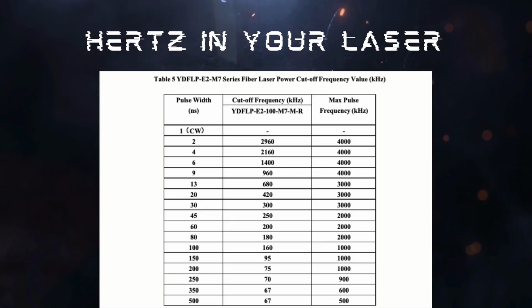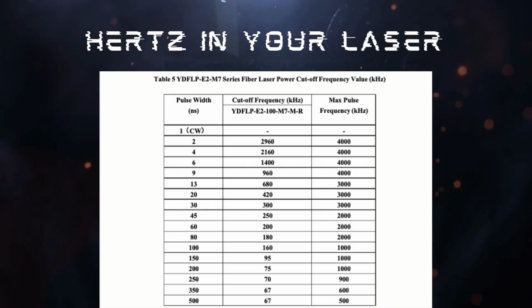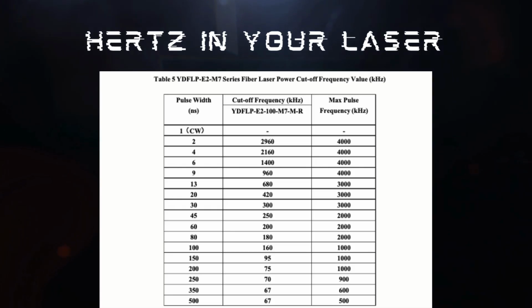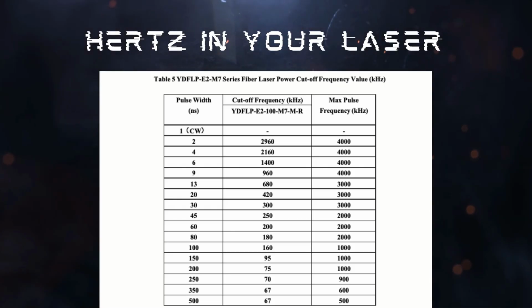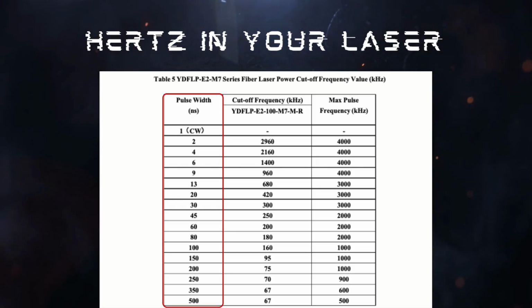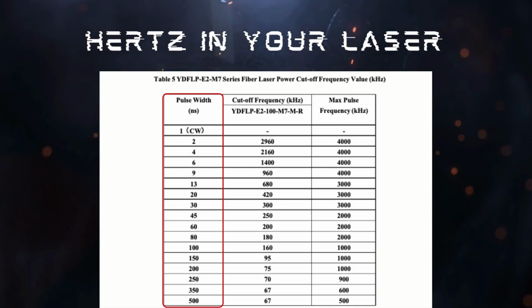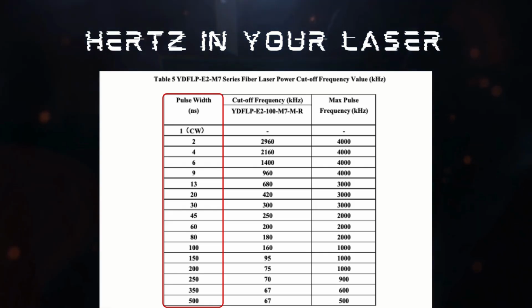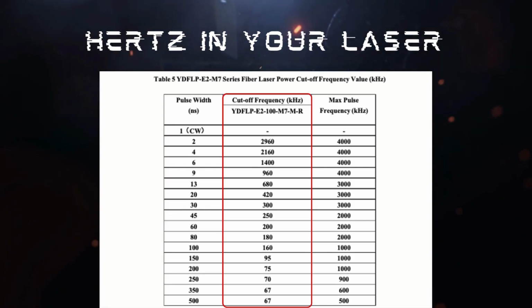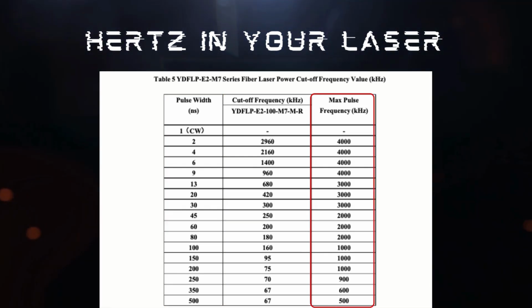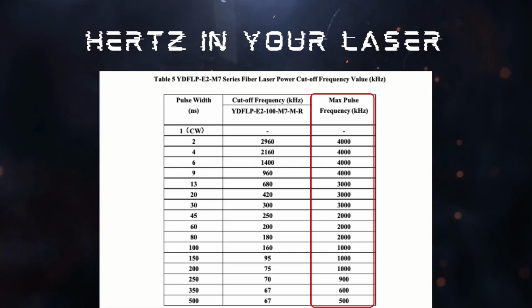Here's an example of another JPT laser, a YDFLP-E2 100 watt laser. This has an unlocked pulse width and, as you can see in the left-hand column, has 17 presets to which you can set the pulse duration. Each one has its own cutoff frequency, and each one has its own max pulse frequency.